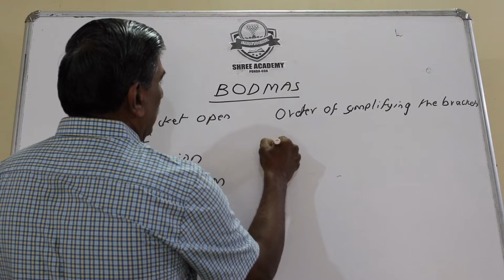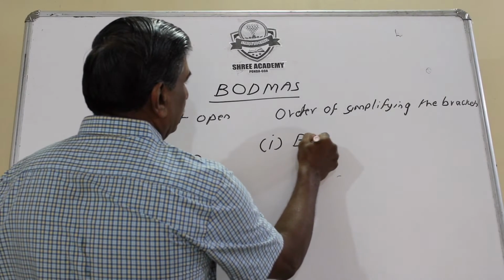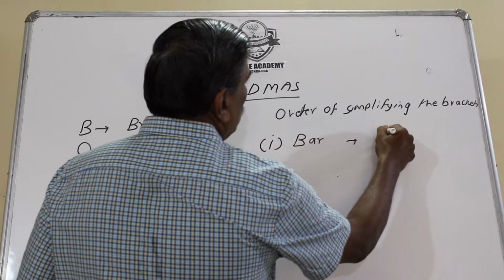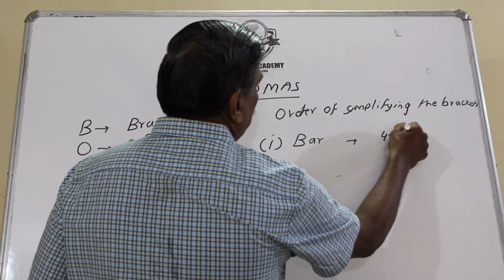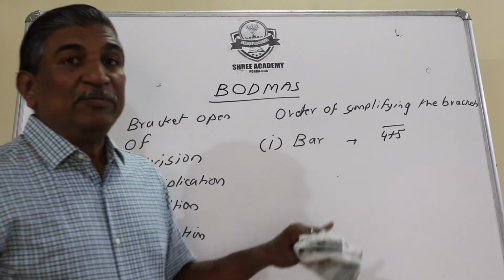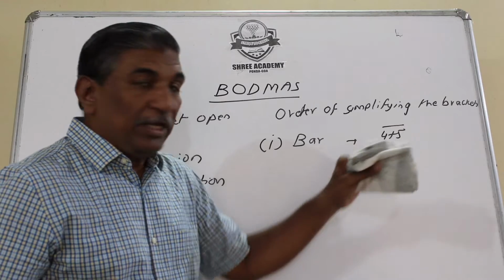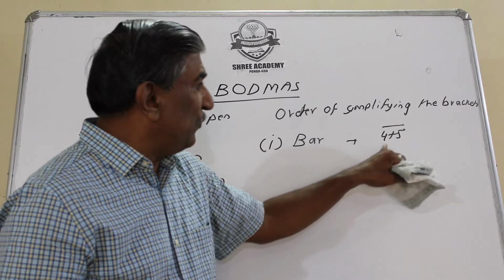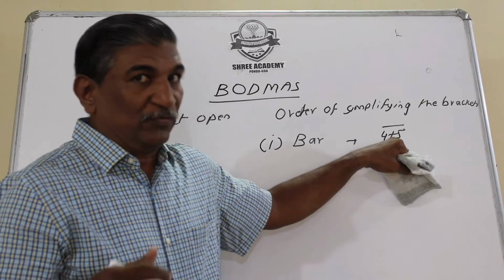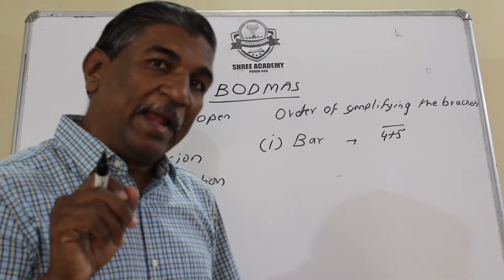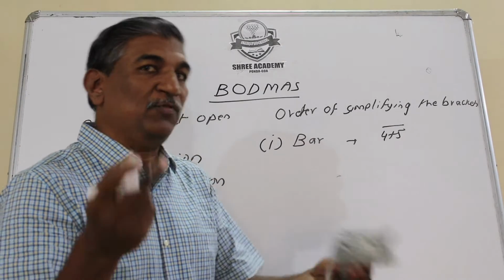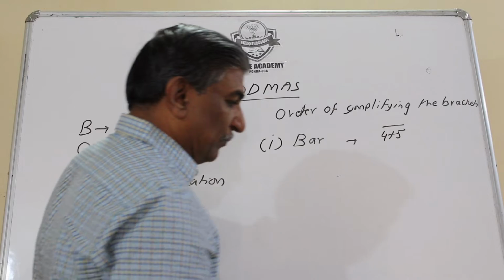The first one is called a bar. Bar means, suppose we are having 4 plus 5 bar. This means, in a big calculation, when a bar is put over 4 plus 5, first we have to add 4 plus 5, 9, and then we have to go for the further one.